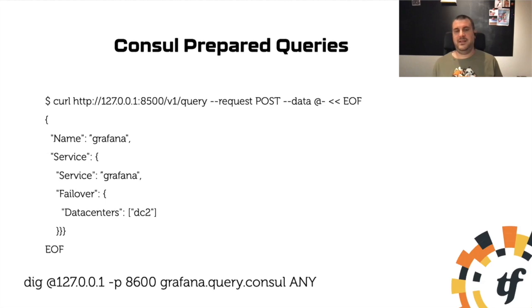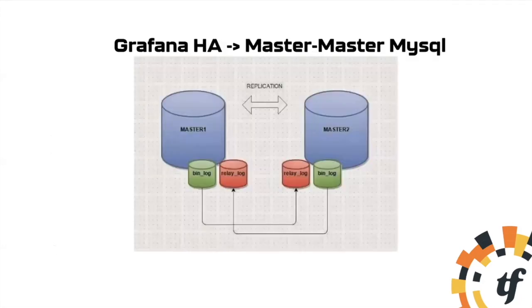And in case of a failure in my DC1, I want you to do your DNS request into DC2, and then point people into there, and it's going to be a failover that pretty much nobody notices, except for the time Consul needs to work out that your services are down.